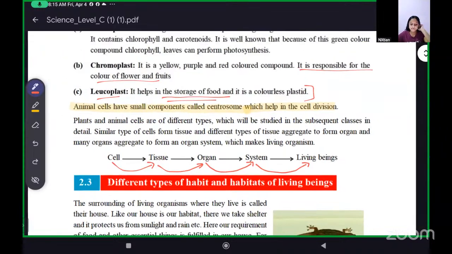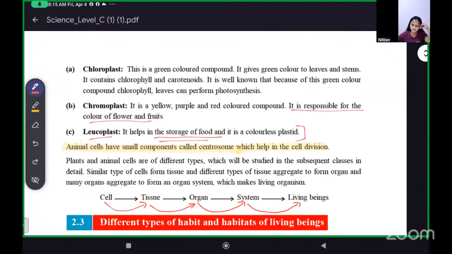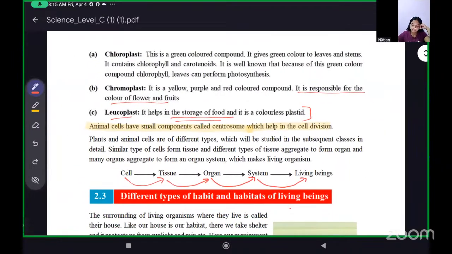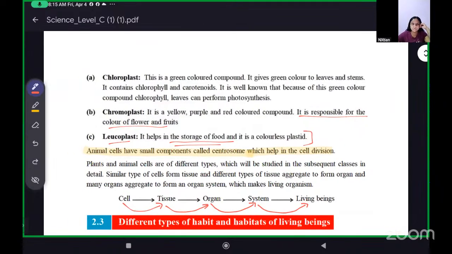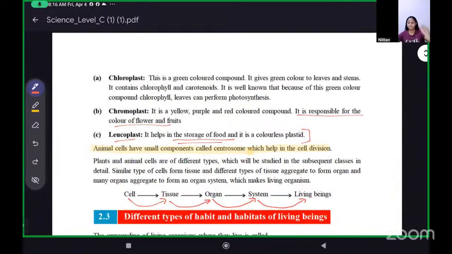Okay. Hope this part is clear to you. Any doubt, any questions till now? Any doubt, Anna? No, ma'am. Okay, all right.